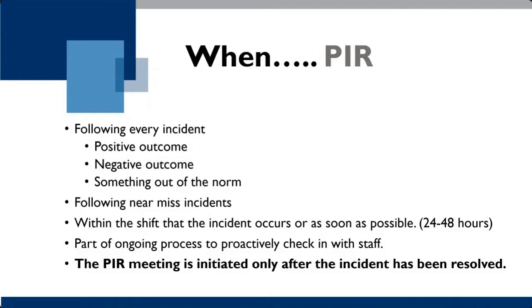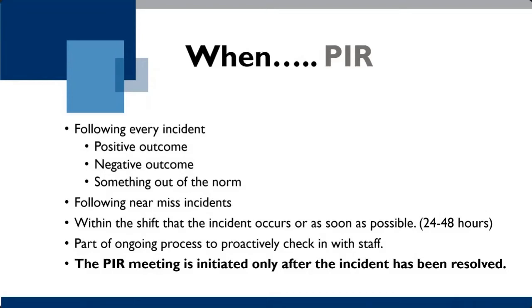Maybe someone strikes out, no one's injured, it doesn't become a big deal, but yet we want to cover that and do a post-incident review to say, okay, what happened? What did we do right that caused it to have a positive outcome? And let's make sure that we can note that so that we can utilize that in our training to hopefully have positive outcomes in the future of similar events.